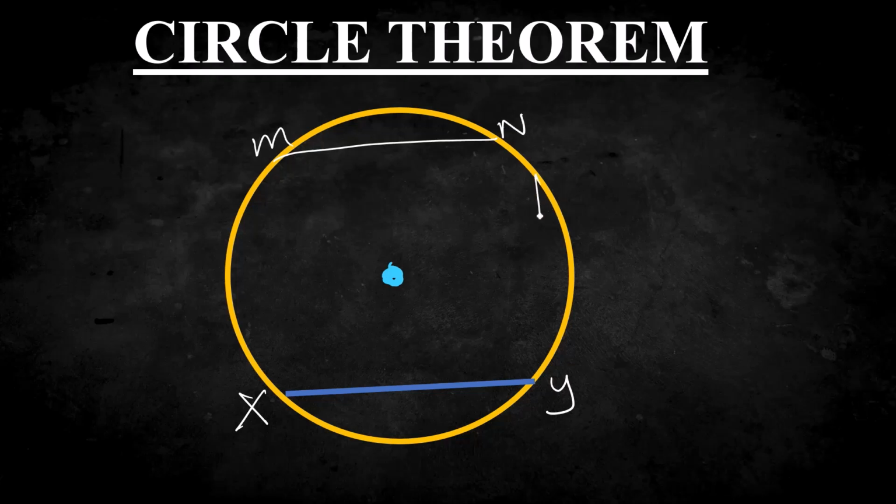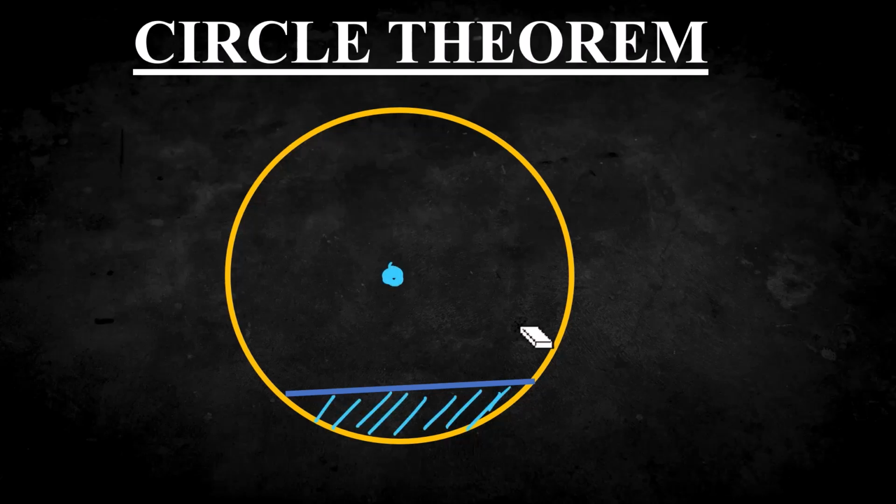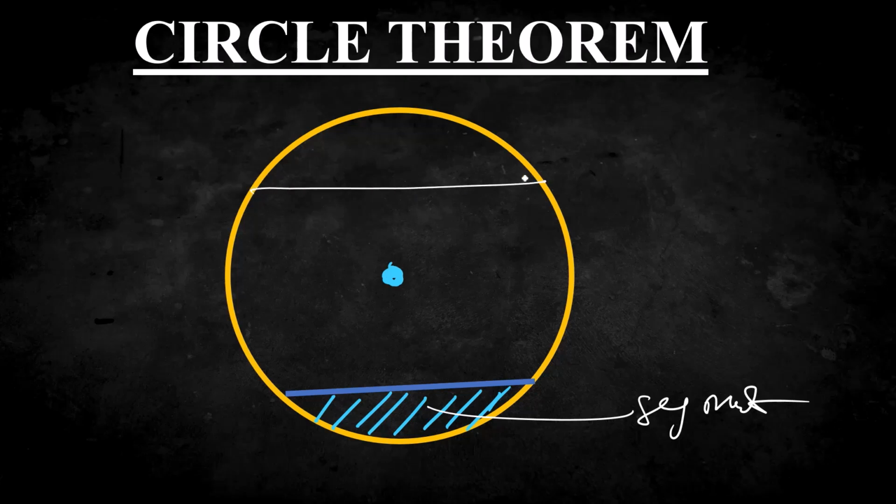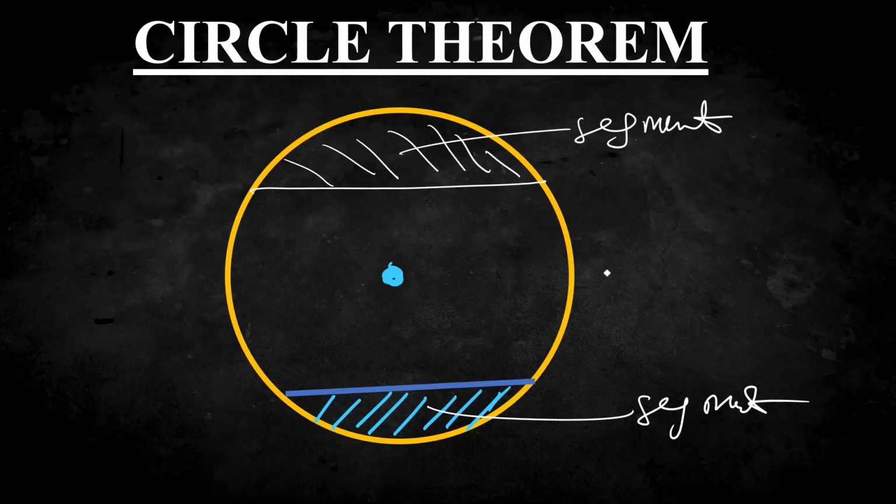We can have a chord here, and so on. That's a chord. Now that we know what is meant by a chord, let's talk about a segment. Once we know a chord, we can find a segment. So if this side is a chord, that would be the segment, as simple as that.